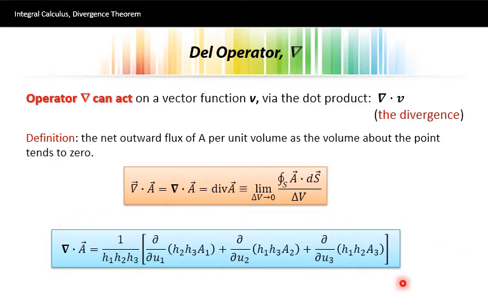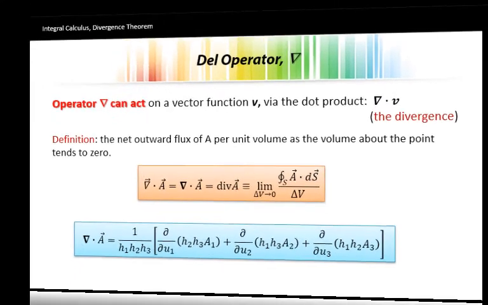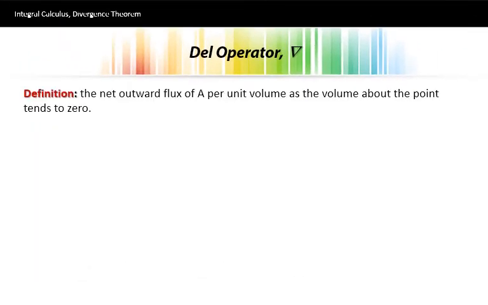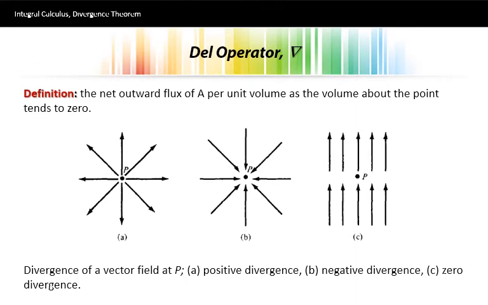If you write it down in a coordinate independent form, this is the relation. Let's have a look at the geometrical meaning of this: the net outward flux of A per unit volume as the volume about the point tends to zero.